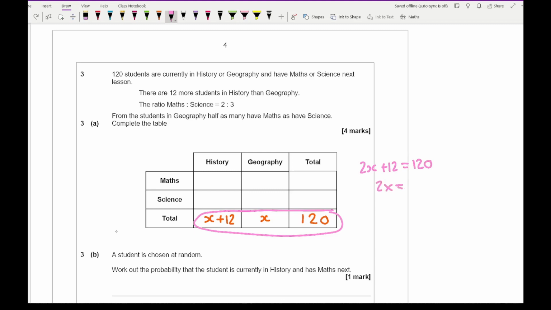So 2x equals 108. So x equals 54. And let me just change that to 54. So then this number here is going to be 54. And 54 plus 12 is going to be 66.